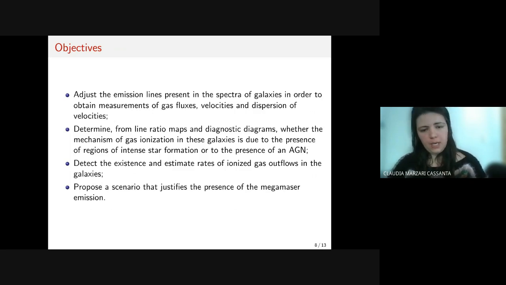Determine from line ratio maps and diagnostic diagrams whether the mechanism of gas ionization in these galaxies is due to the presence of regions of intense star formation, the starbursts, or to the presence of an AGN. Detect the existence and estimate rates of ionized gas outflows in the galaxies, and finally propose a scenario that justifies the presence of the megamaser emission.